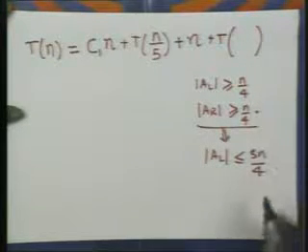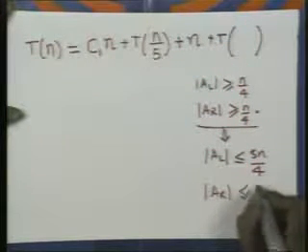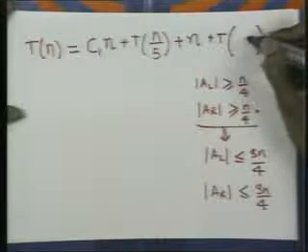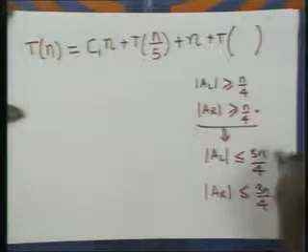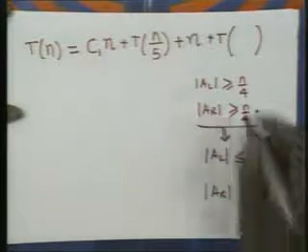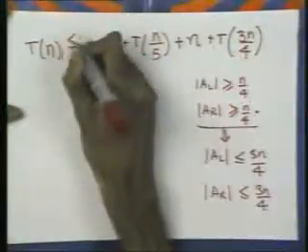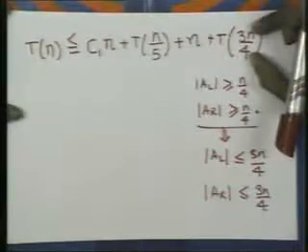So size of AL is at most 3n/4. Similarly, size of AR is at most 3n/4. Right? So whichever side I recurse, the maximum size it can be is 3n/4. So I put less than or equal to 3n/4. The maximum size an array can have when I do this recursion is 3n/4.